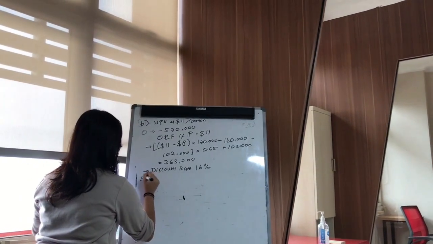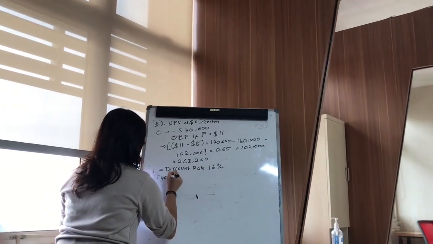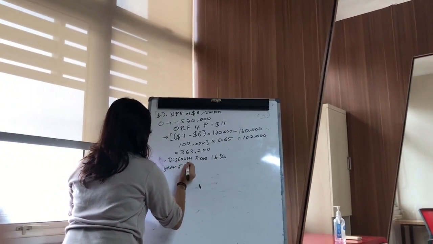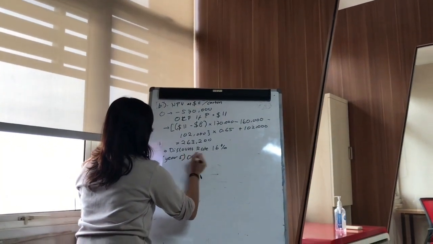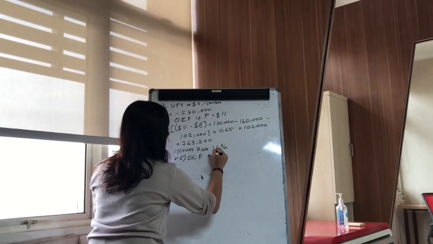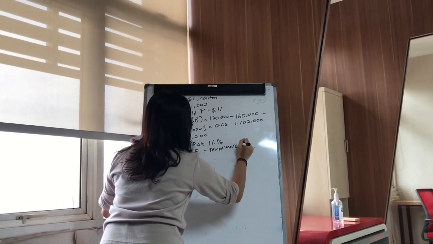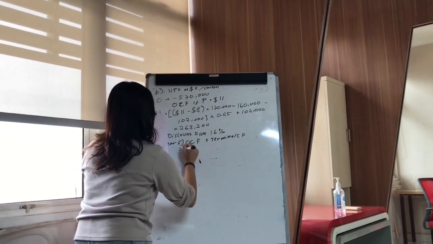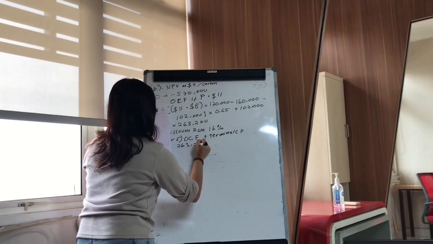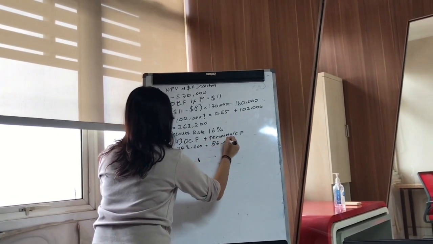For year 5, we will use OCF plus the terminal cash flow, and thus we will get 263,200 plus 86,000.